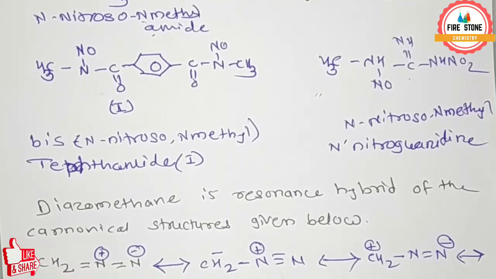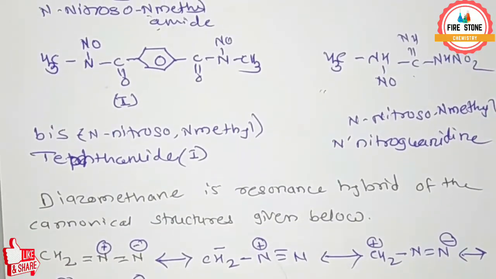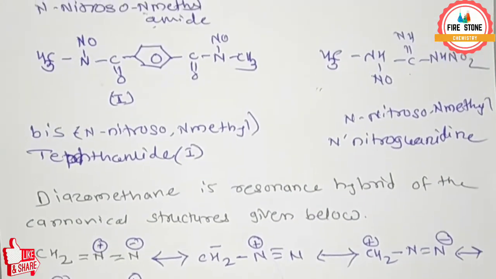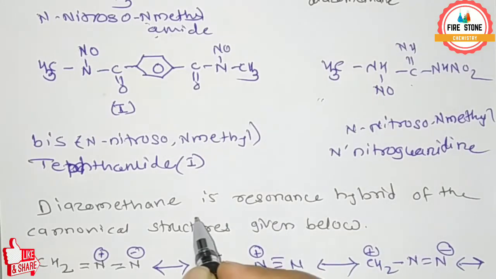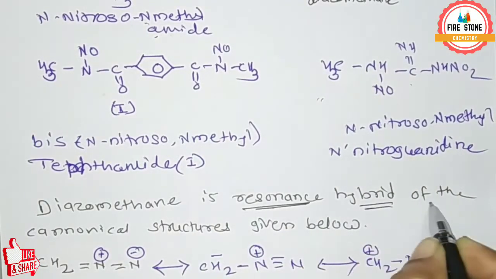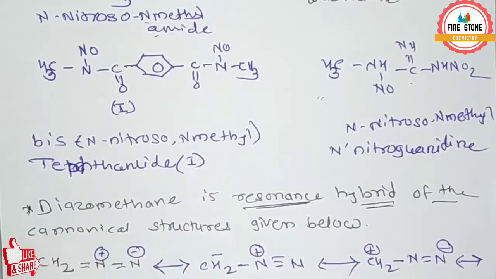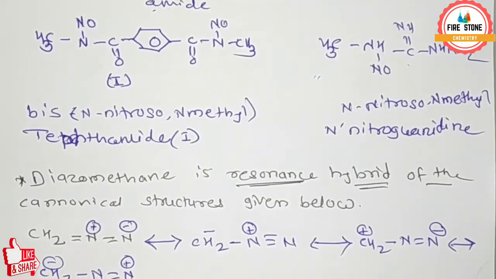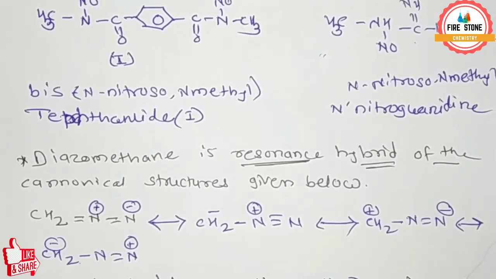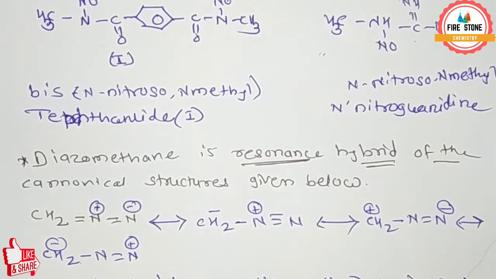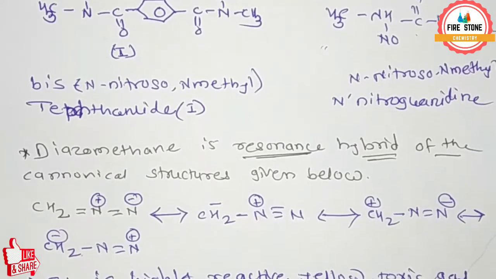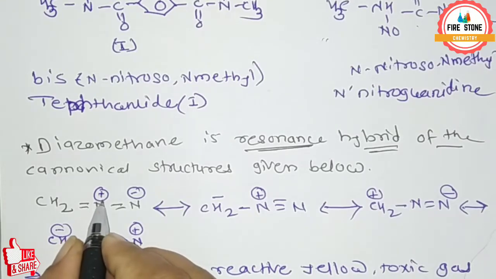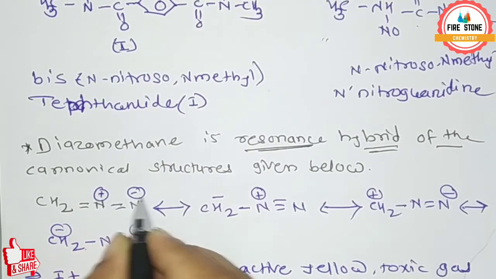Again, this diazomethane is a resonance hybrid of canonical structures. So diazomethane shows resonance, that is resonance means there is no shifting of any atom, only shifting of bonds. The resonance can be shown here: CH2 double bond N positive charge, double bond N negative charge.